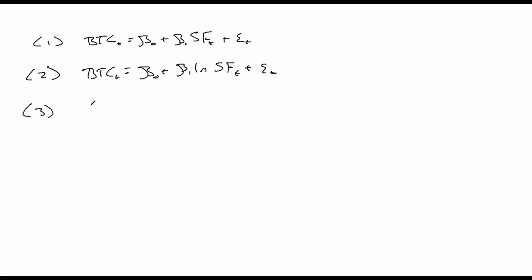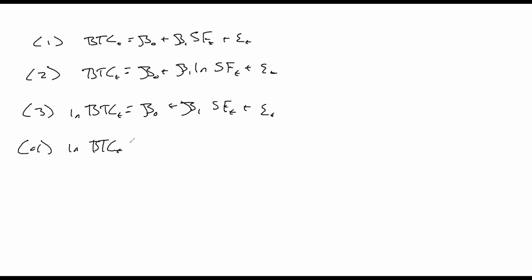We're going to look at log Bitcoin is equal to some intercept plus some slope times stock to flow, plus our error term. And we're going to look at our final specification of log Bitcoin price is equal to some intercept plus some slope multiplied by the log of stock to flow.